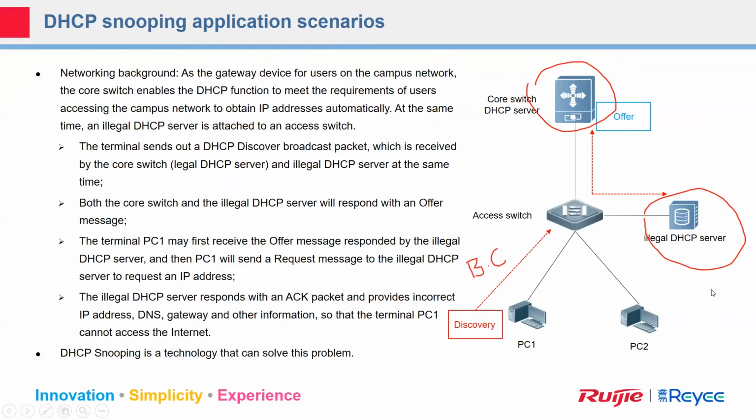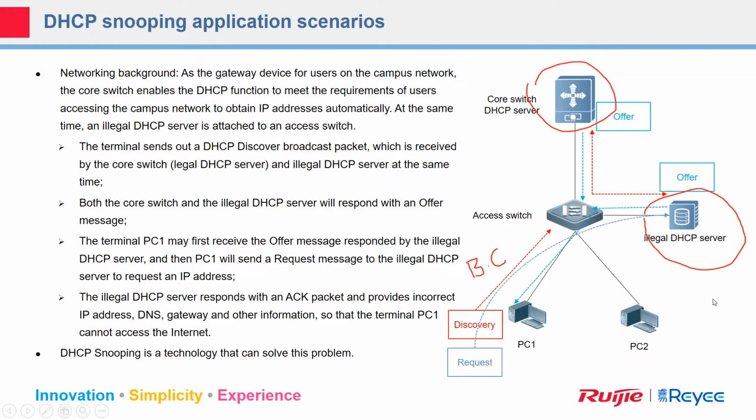You are welcome if you need. And the illegal server starts to offer IP address, subnet mask, and gateway as well. So who should I trust? This is a big problem, because if you trust that illegal DHCP server, you will go into something called a black hole. PC1 doesn't know who is legal and who is illegal.